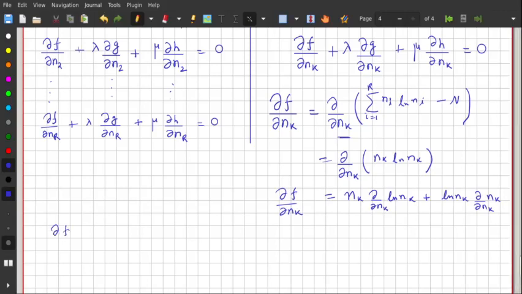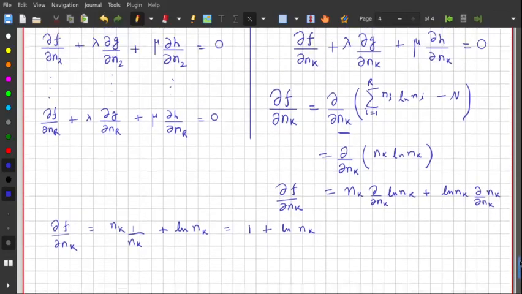You see what is partial f partial nk? It is nk times the derivative of log nk, which is 1 over nk, and then plus log nk. So this becomes 1 plus log of nk. Okay, so that's partial f partial nk.